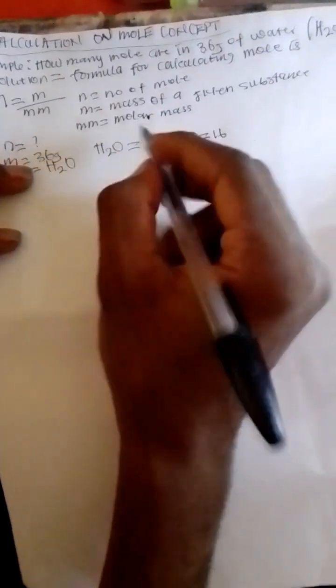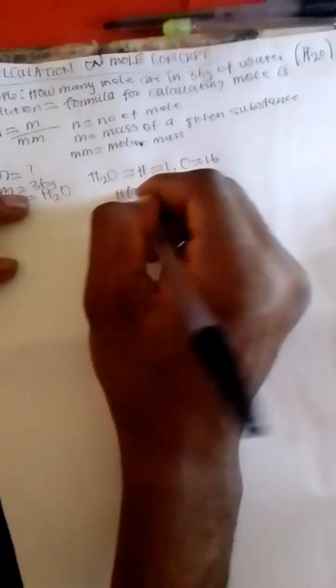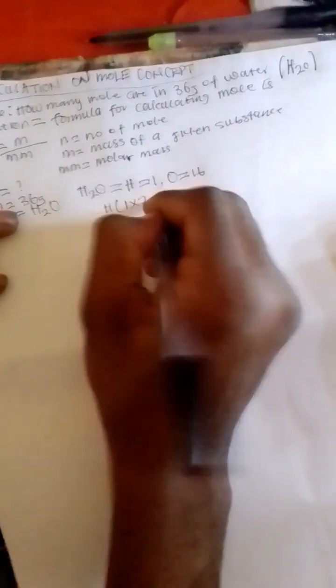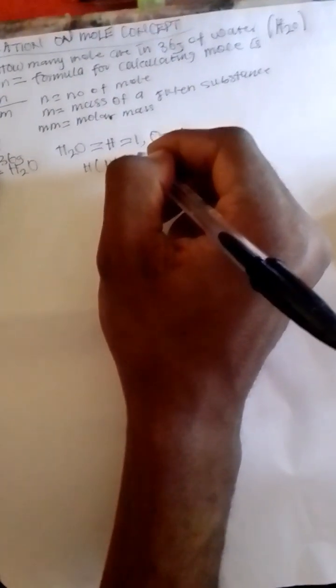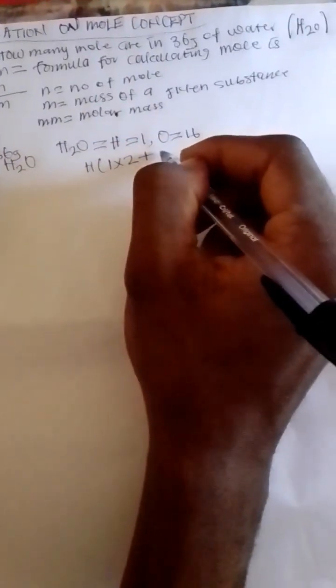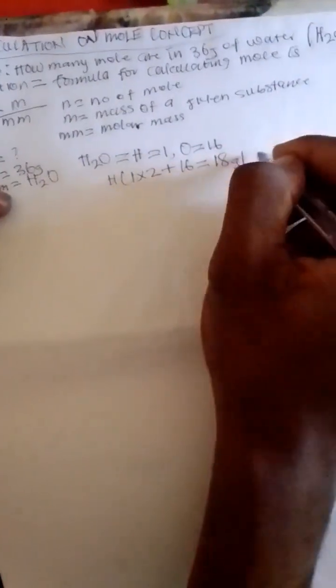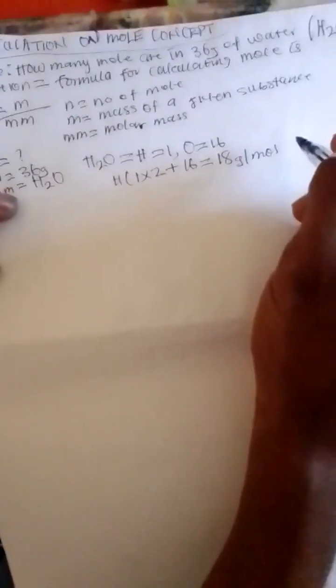So according to the formula here, H2O, hydrogen will be equal to 1 times 2, because this 2 represents the hydrogen, and we have oxygen here as 1, which is 16. If you sum that up, 1 times 2 is 2, plus 16, 18. So the molar mass of water is 18 gram per mole. That's the molar mass of water.